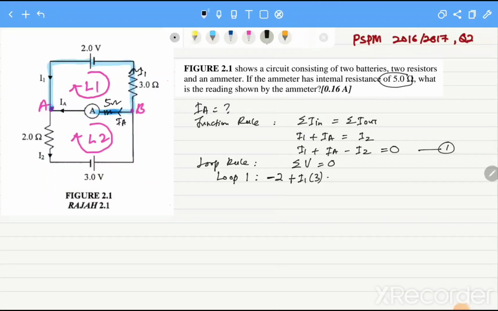Voltage drop, so we use a minus sign, minus IR, IA times 5. Okay, we continue to travel until we complete the loop, until we come back to our initial point. Because we complete our loop, we set it equal to 0.